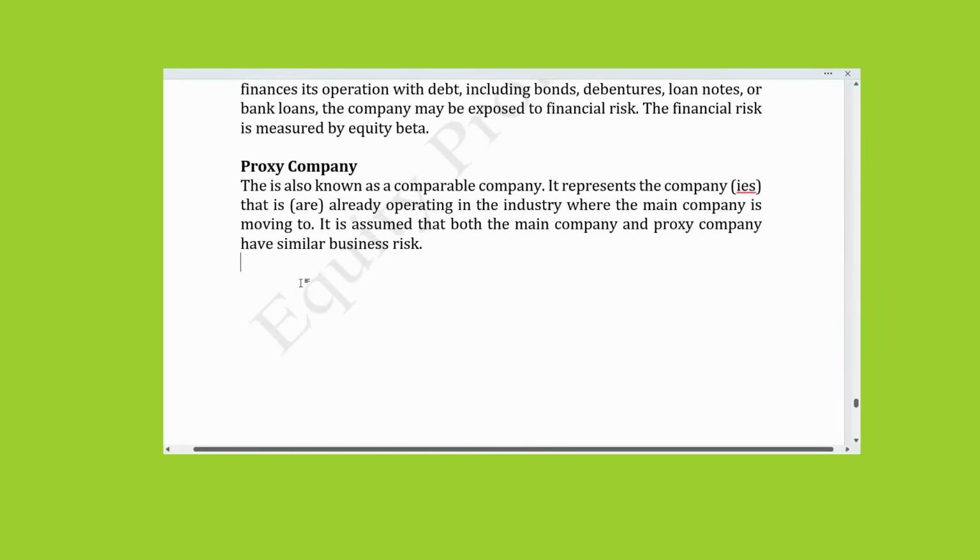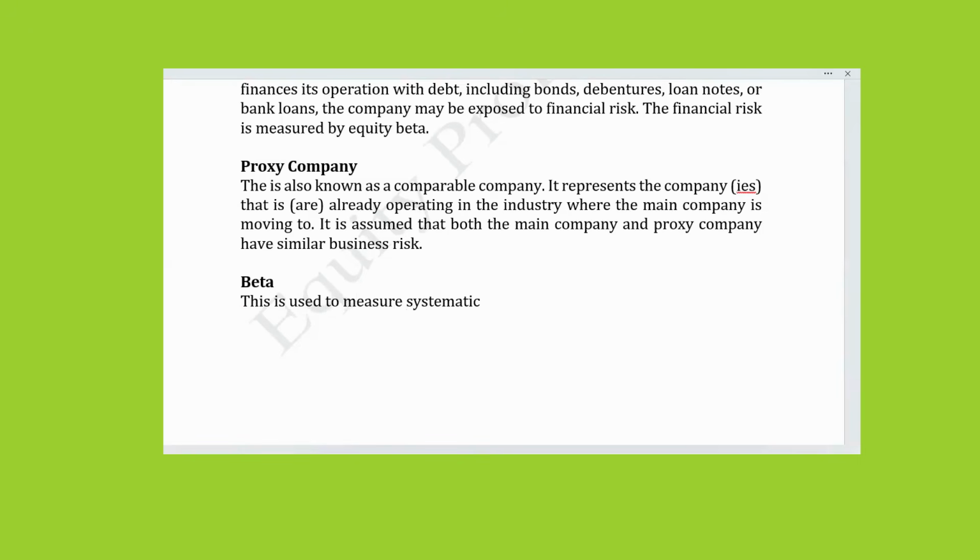Next, beta. What do you mean by beta? This is used to measure systematic business and financial risk. Okay, systematic business and financial risk.